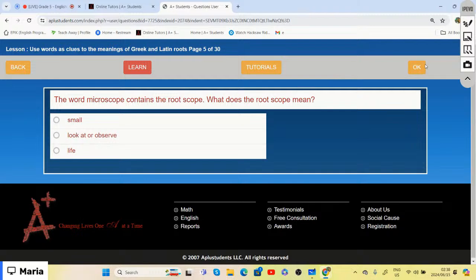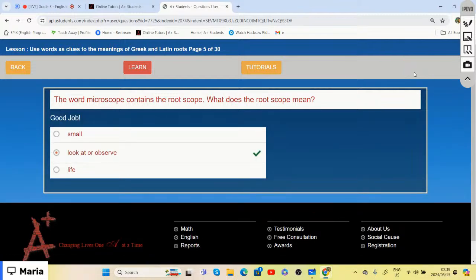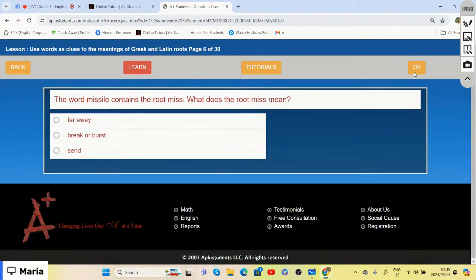Think of literally something that is to do with microscope. All right, so we can say the scope is to do with looking at, observing, or it's to do with seeing something.